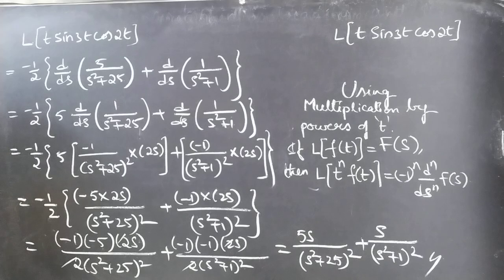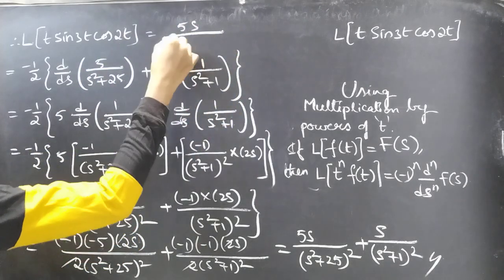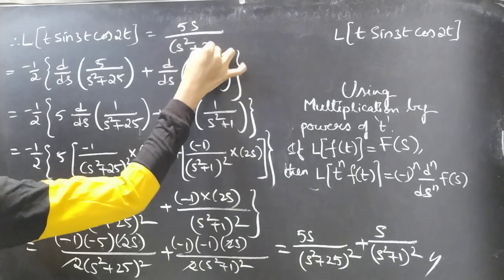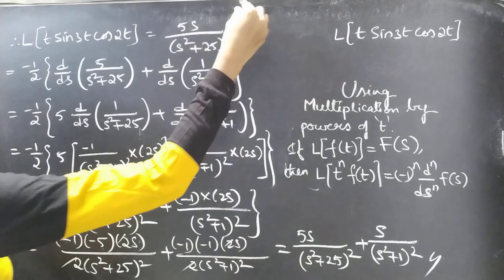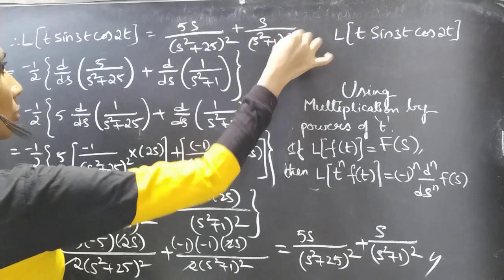This completes the problem. Therefore, L of t sin 3t cos 2t is equal to 5s by s square plus 25 whole square plus s by s square plus 1 whole square.